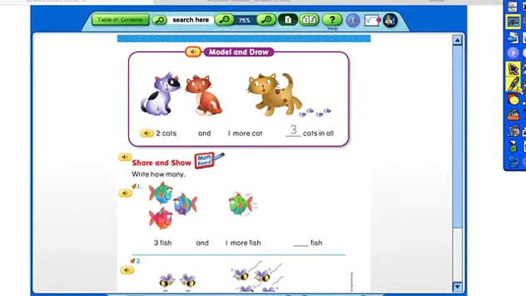At the top of the back of that page, it tells us to model and draw these problems. So we have these 2 cute cats, and then we have 1 more cat. So that means that we have 1, 2, 3 cats in all.